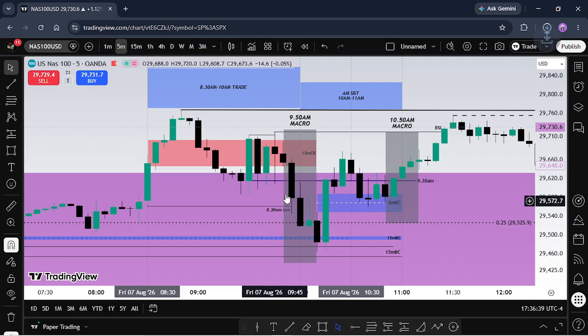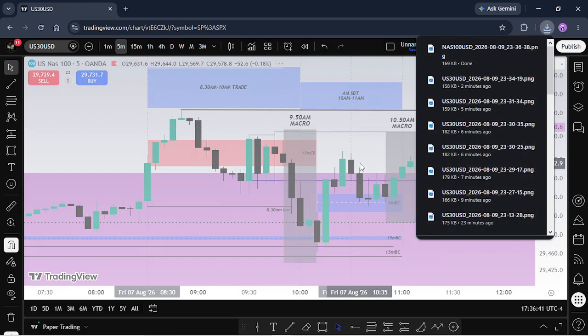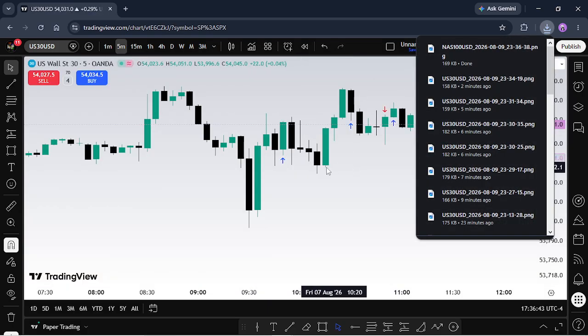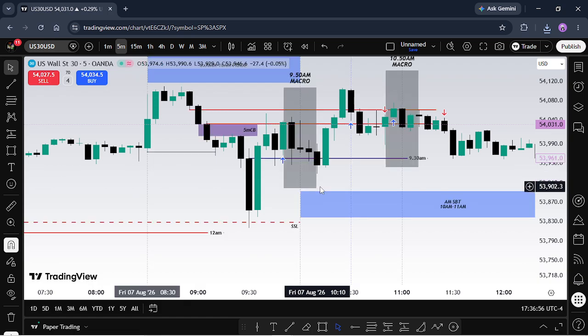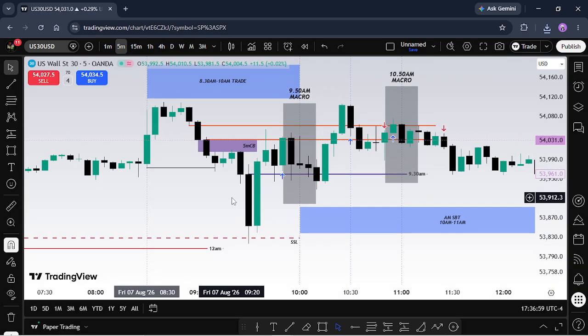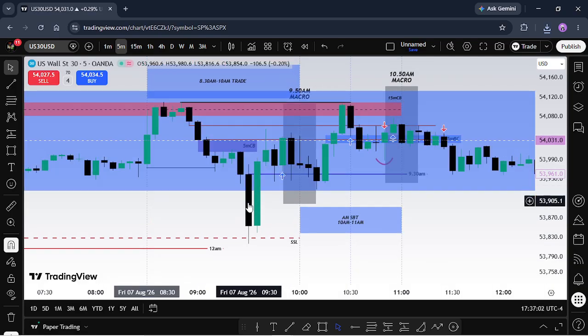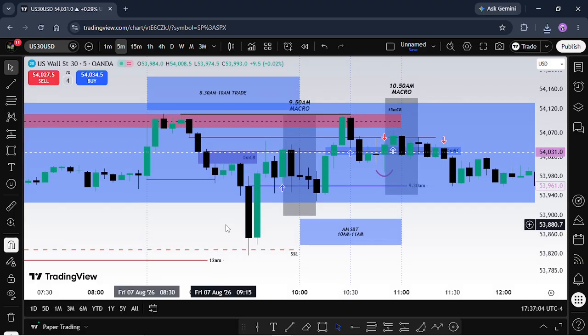950 took liquidity here, right? Let's see here, did 950 take liquidity, or was it prior to 950? Let's see. I think here was prior to 950. Here, it was 930 that took the liquidity.